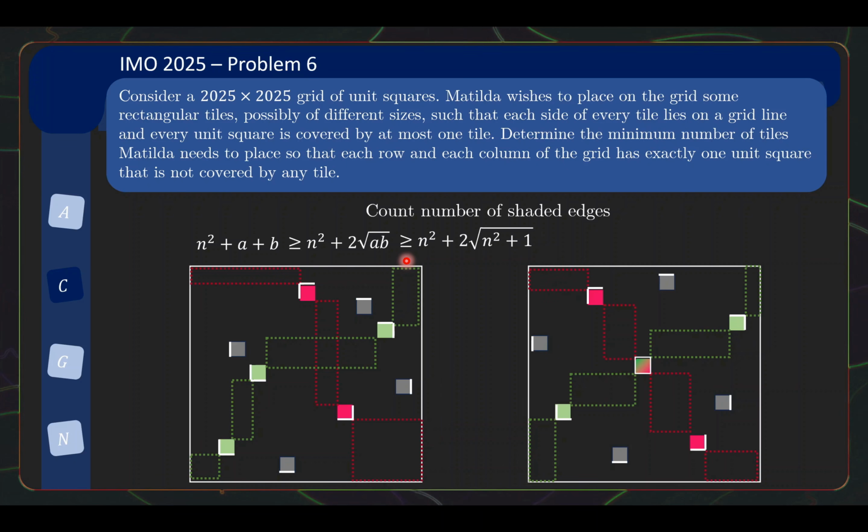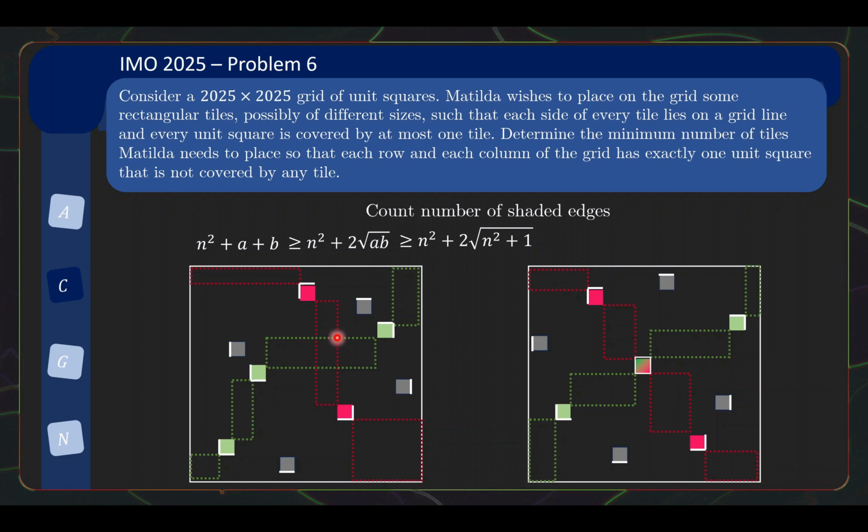We know that AB is greater than or equal to K, and K is n squared here, let's not forget that. But whenever AB is equal to n squared, we force ourselves to pick the LIS and LDS to have a common square.